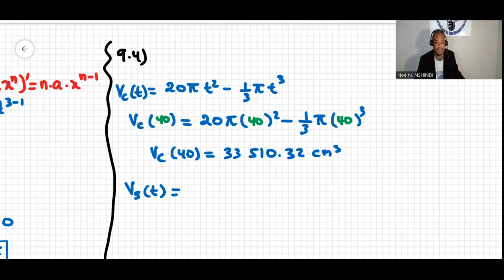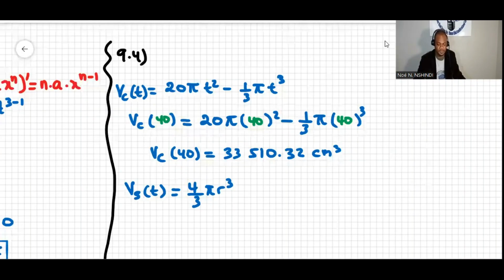We know that the volume of the sphere is 4/3 pi r cubed. It's not really in terms of t.